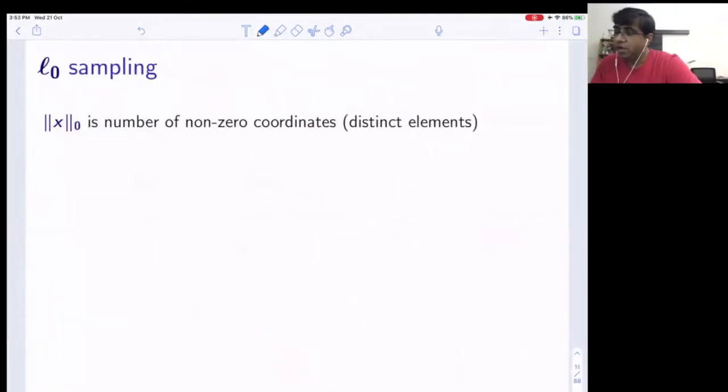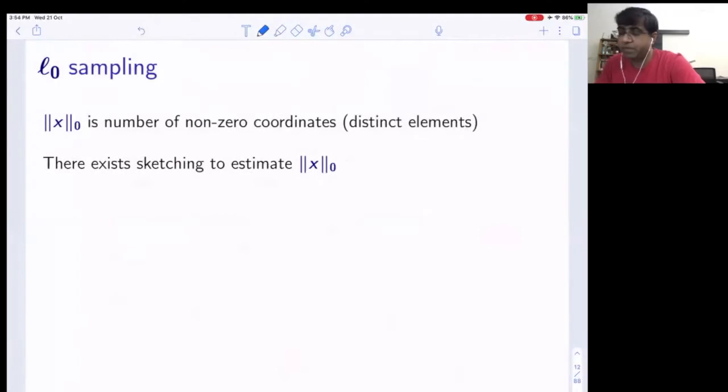Another concept that we will need is something called L0 sampling. So what is L0? The L0 norm of x is the number of non-zero coordinates, which is basically distinct elements. There actually exists a sketch to estimate the number of non-zero coordinates, or the number of distinct elements.